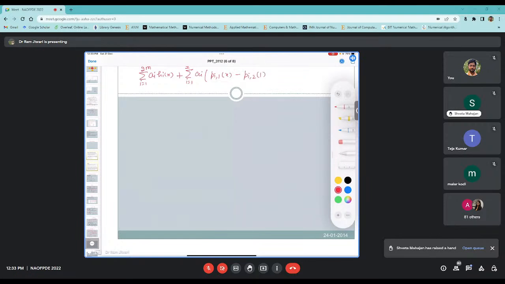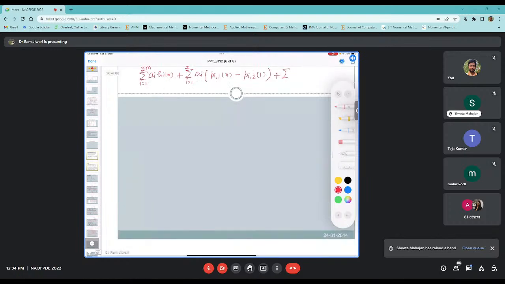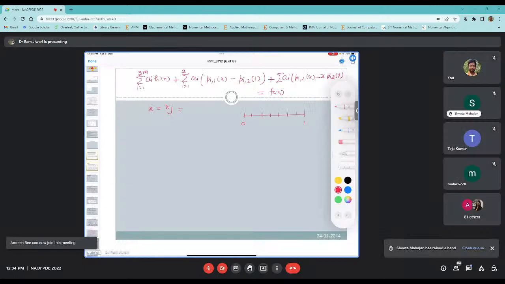Okay, and plus y is what? Y is again this one. So alpha and beta are 0, so only this: summation ai pi 2 of x minus x pi 2 of 1. Okay, and it is equal to f of x. So now xj is equal to what? Sorry, I have to check that.